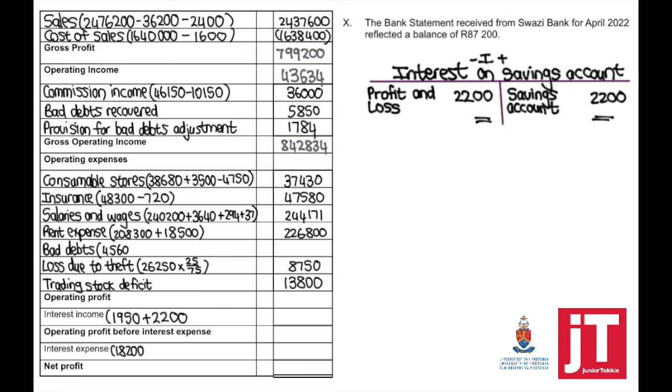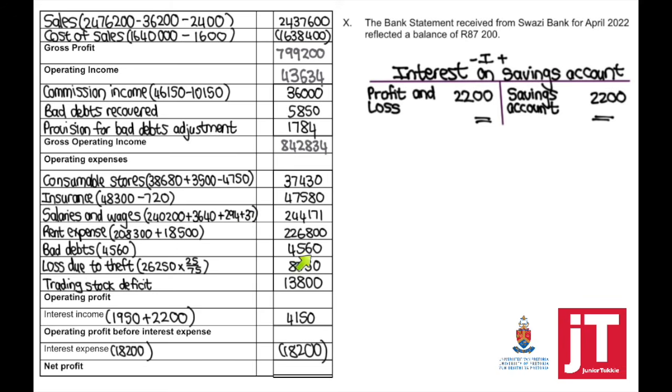So now that we've done all the adjustments, we can close all our brackets and do the final calculations on our income statement. Starting from the top again, sales minus cost of sales equals your gross profit. If I add all my other operating income, we're going to take gross profit plus operating income equals gross operating income.